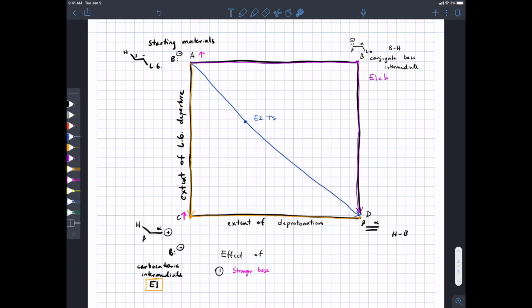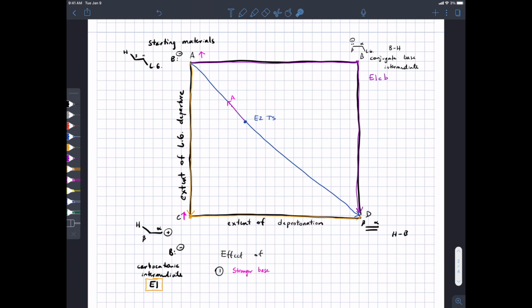Okay, so we'll draw a dotted line arrow here indicating the effect of moving A upward. Maybe I'll put a little A by it so that we can see that's the effect of raising the A corner. Now, for corners B and C, these affect the transition state for the E2 reaction very much like you would expect a marble rolling on a sheet.